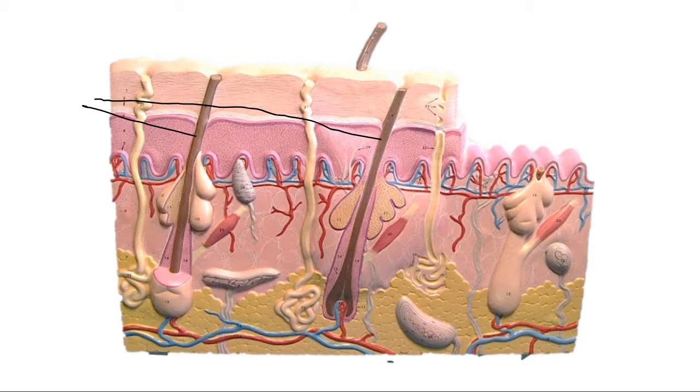The first part of them is the part that I actually have labeled. And this is what we would call the roots of the hair, or the root, singular, of the hair. The root of a hair is everything that's underneath the surface of the skin. So all of this is the root of a hair. The part that extends up above it is what we call the shaft, the hair shaft.